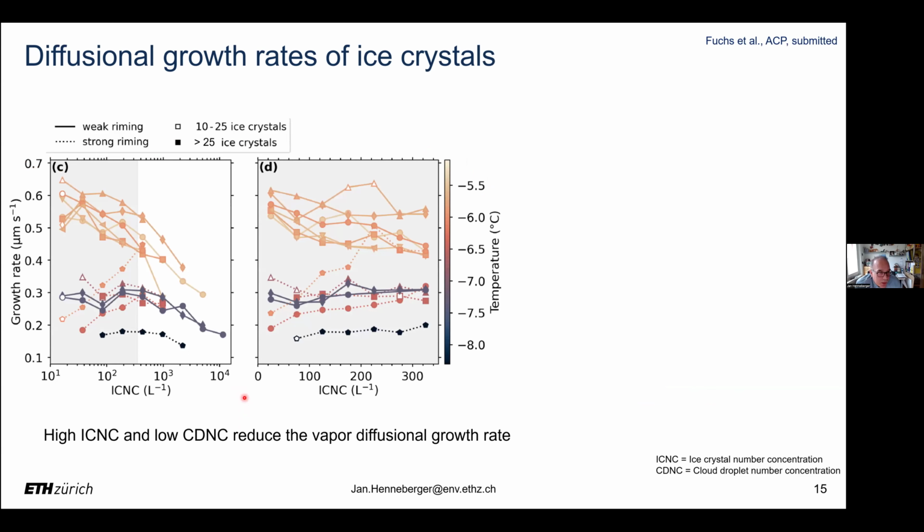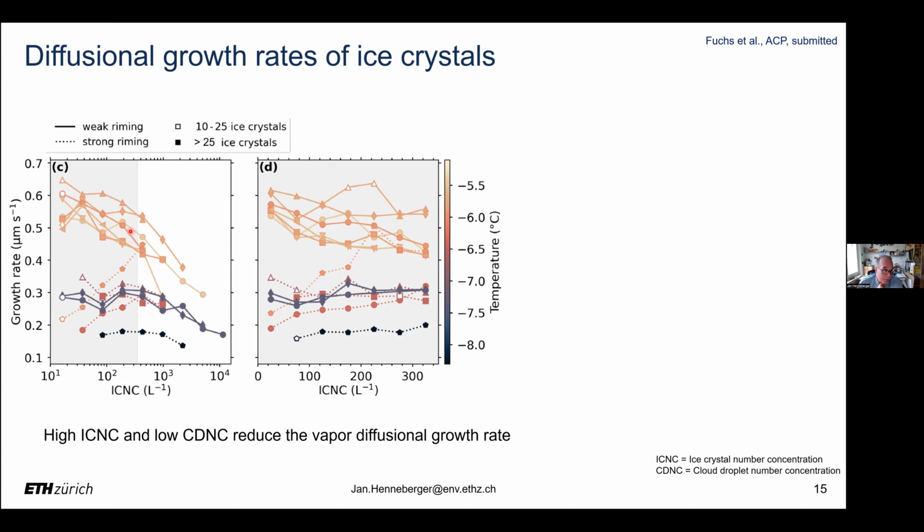So we looked at different experiments again. Every line is an experiment, and we sorted them by ice crystal number concentration. And we saw if we have regions in one experiment with high ice crystal number concentrations, the growth rates are smaller because you have less water vapor. So the ice crystals fight for the existing water. You see a strong temperature dependence.